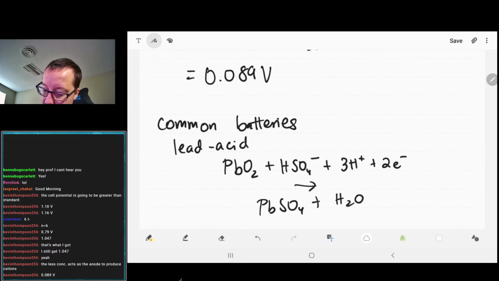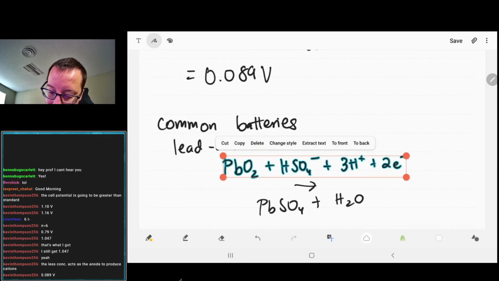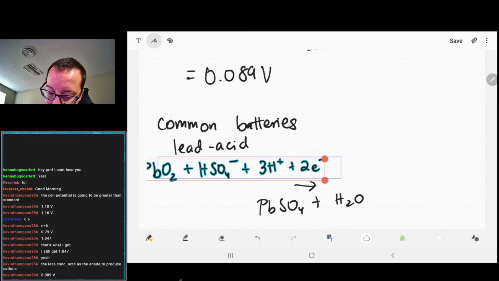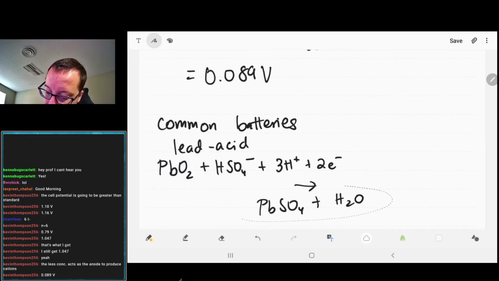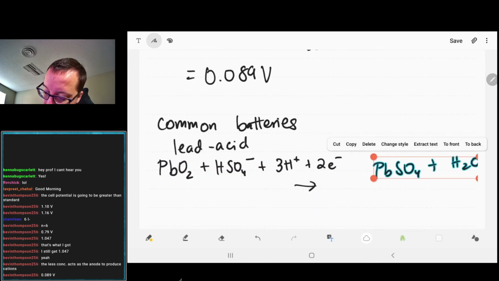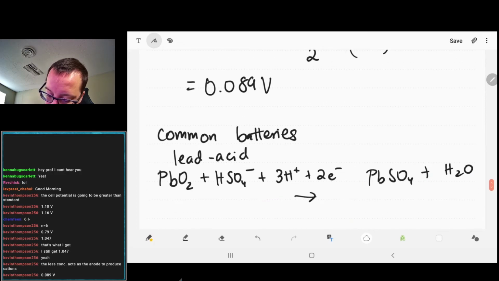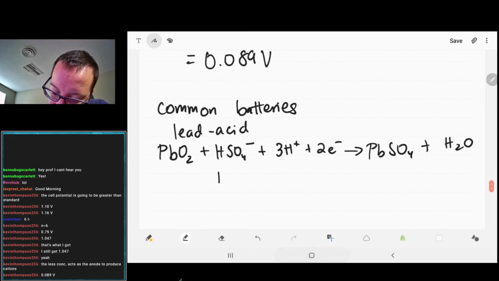I can make this nice, actually. I can put this all on one line. Yeah, we fit it. Cool. And then at the anode, you have the other side of the reaction.